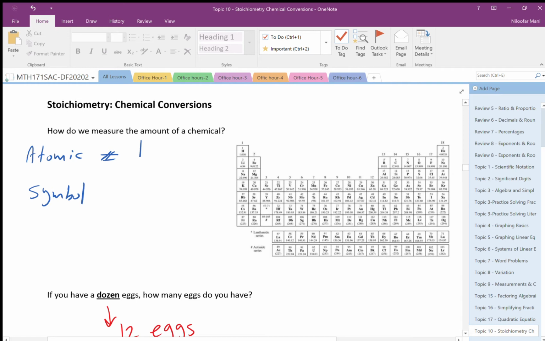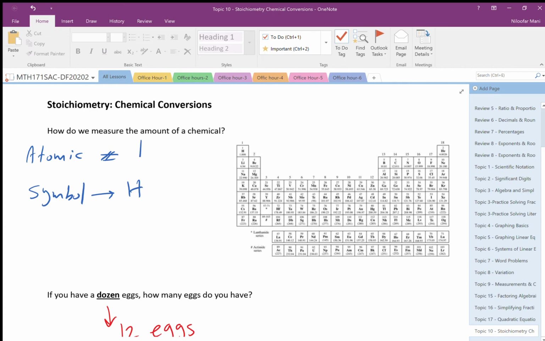You see all these numbers. The atomic number of hydrogen is 1, and the symbol of hydrogen is H. You have all the symbols for each element in the periodic table.